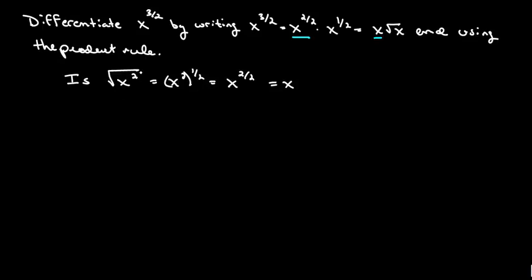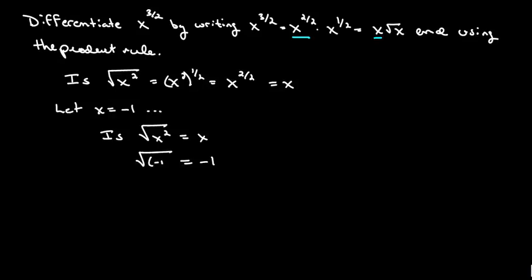That's not true. Watch. What if we let x be equal to -1? Is the square root of x squared equal to x? Let's check it out. If x is -1, this should be equal to -1. But watch what happens.